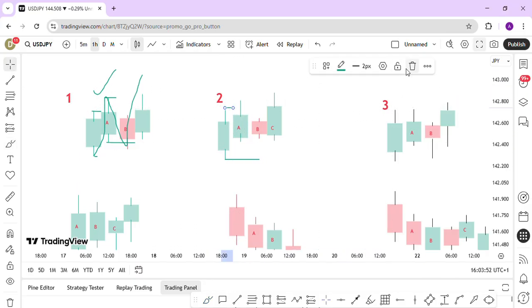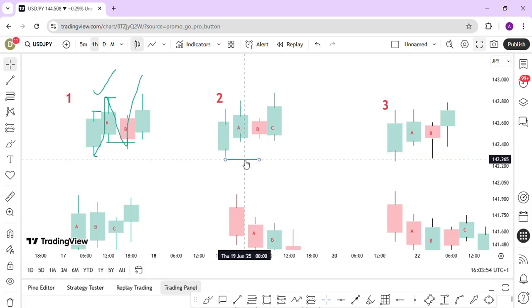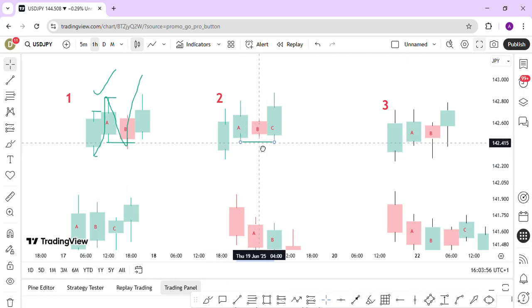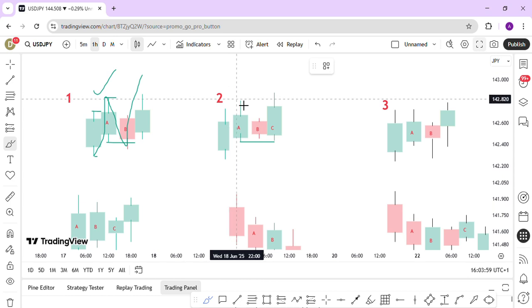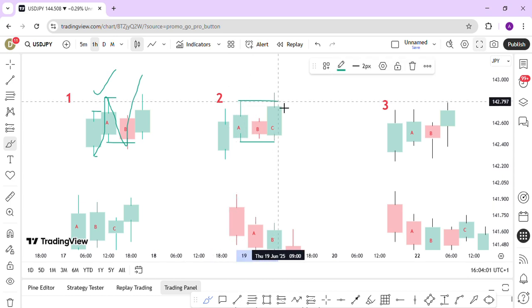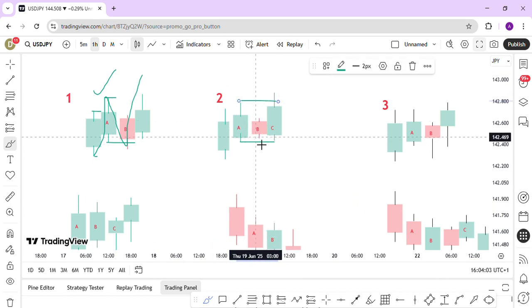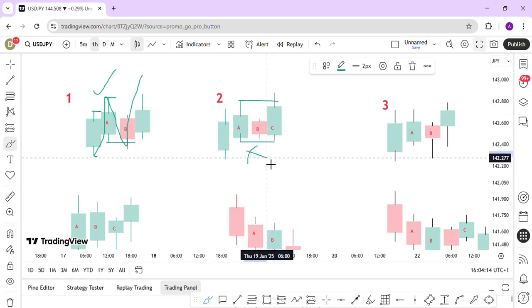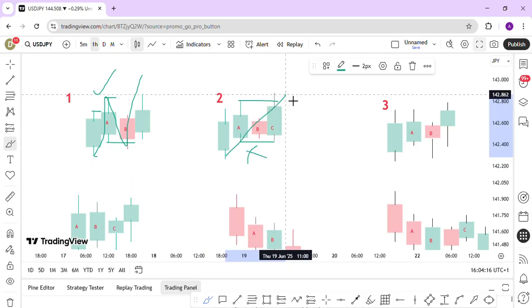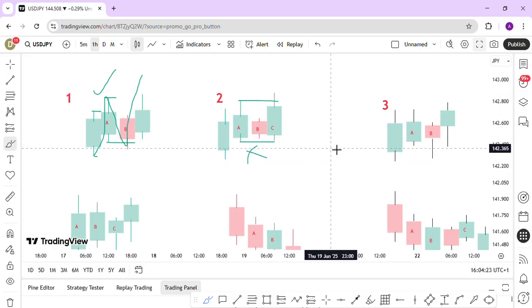But in the next candle that opens, you see again that the low of A is protected, and candle B is not able to take out this low of A. So in this situation, we have an invalid pullback. This pullback does not happen. It's just a one leg in a bullish scenario, so no pullback. We have this as an invalid pullback.